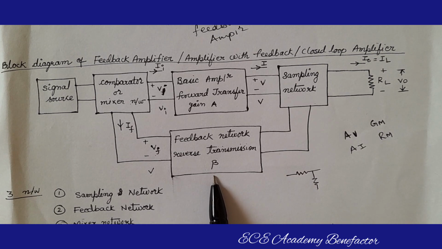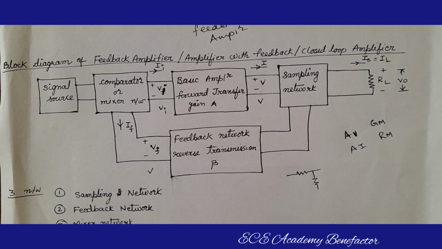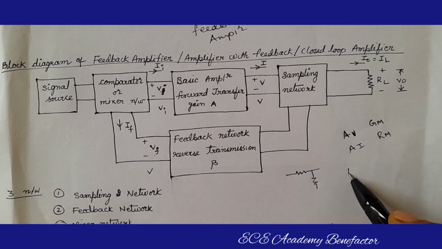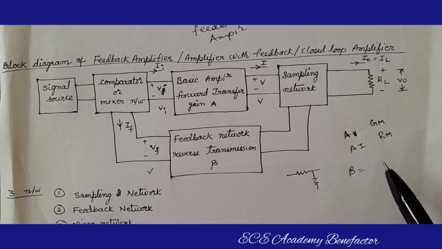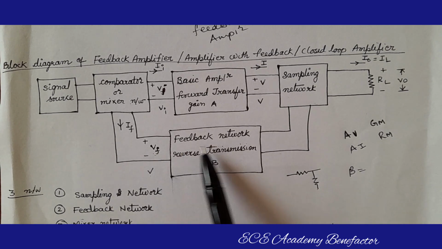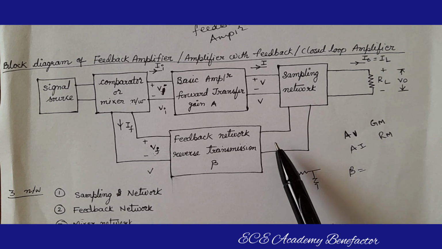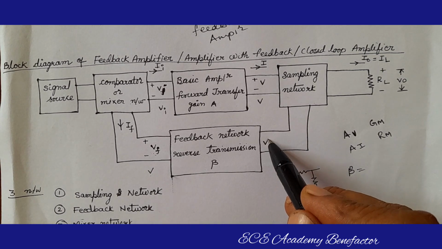Beta is the reverse transmission ratio. Its value lies between 0 and 1. For the feedback voltage equation, beta is equal to output by input. What is the output of this feedback network? Vf, and what is the input here? V naught.